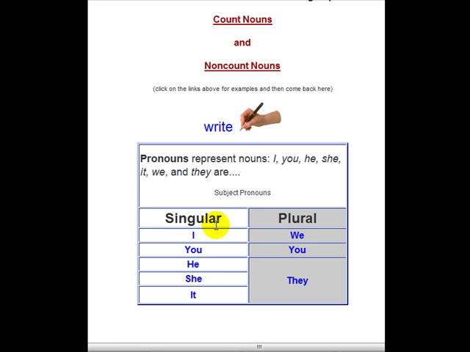So we have the singular pronouns I, you, he, she, it, which we used in our illustrations of the verb, and the plural we, you, they. They are pronouns. You might say, I know Bob. You know, I mean I, a singular person. Okay, we know that.